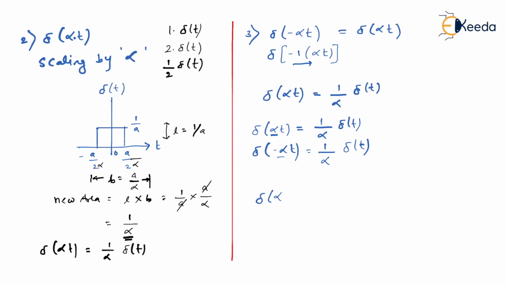Whenever you scale by alpha, that is a delta function, then you always get 1 upon mod of alpha del of t only. So impulse signal is going to remain impulse signal only, but only area gets modified by 1 upon mod of alpha. Is that right? So whether alpha is positive or negative, coefficient of the delta signal remains positive. So I'll just go back to the question. I'll write the final thing for del of alpha t.